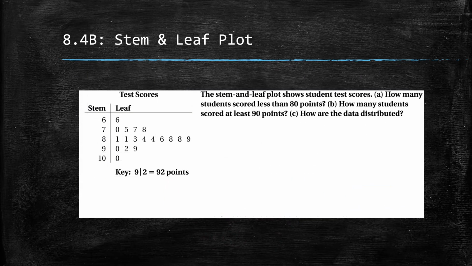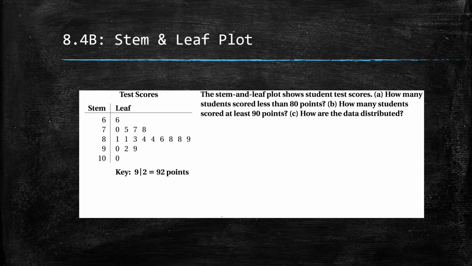Our next example, I have test scores represented in a stem and leaf plot. And just looking at my key here, I have 9 and the 2, which represents 92. So my stem represents the tens digit, and my leaf represents the ones digits. Looking at question number A, how many students scored less than 80?